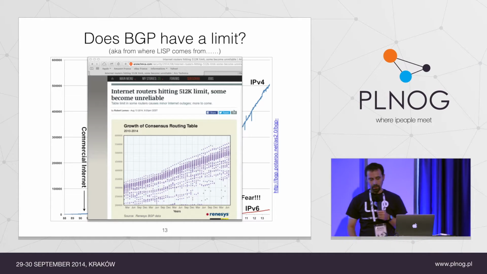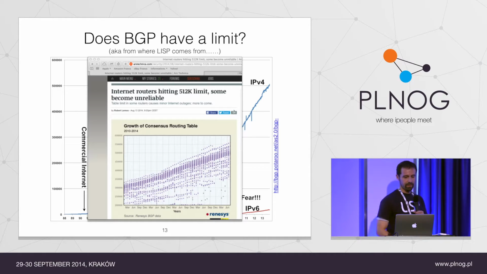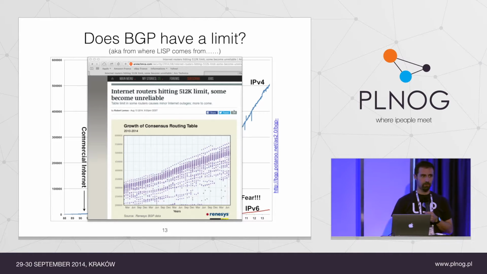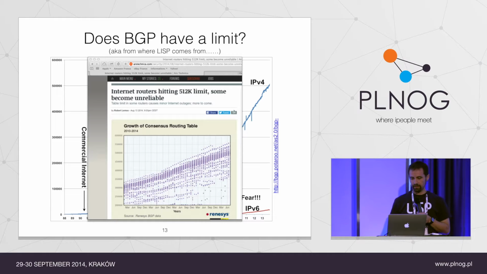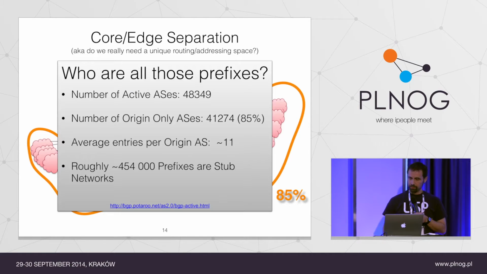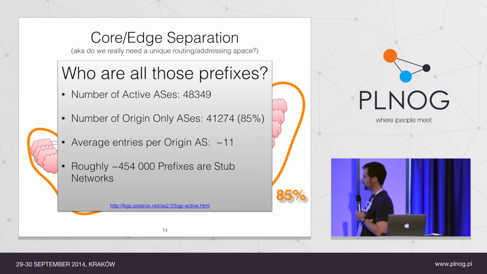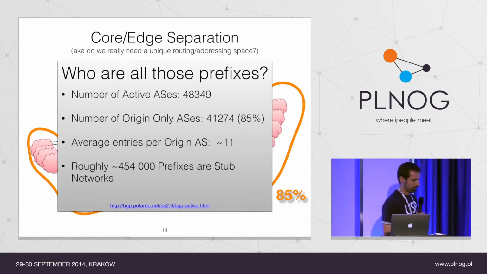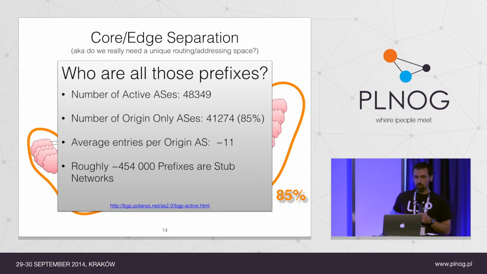So LISP was initially designed as a fix or a solution, something to avoid a situation like this. How does it work in principle? It is a very simple principle. If we look at the structure of the internet today, we have the tier 1 layer, the bigger ISPs all peering together, there are few.